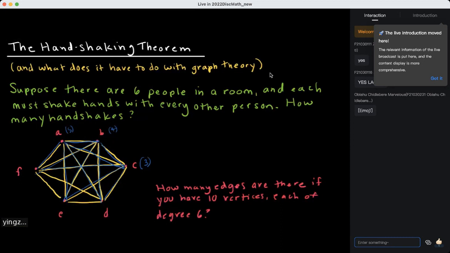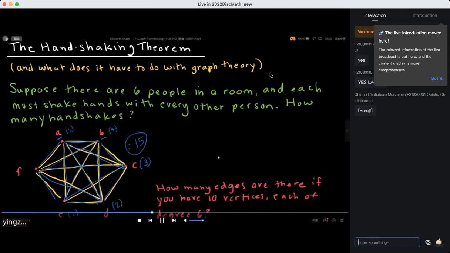It means I've already counted that he or she shook hands with A and with B. And with D, I only have 2 more that I haven't counted. And with E, I only have 1 that I haven't counted. If I add up 5 plus 4 plus 3 plus 2 plus 1, I get a sum of 15.